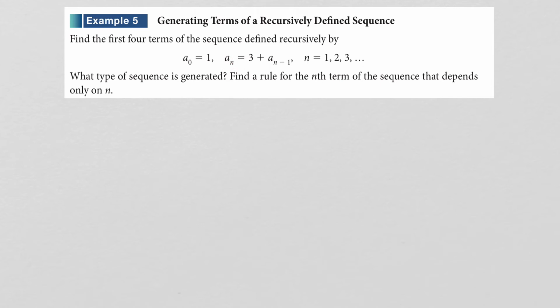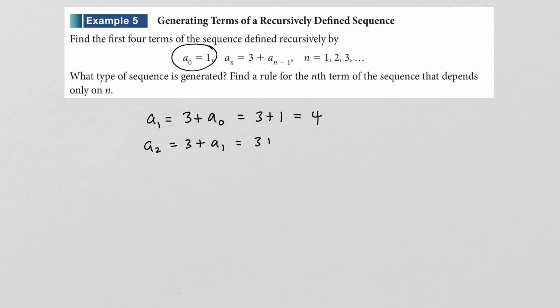Let's go ahead and take a look at the first several terms of this sequence. So to get a1, the formula says that a1 would be 3 plus a0. And that's going to be 3 plus 1 because they tell us that a0 equals 1. So that's 4. To get a2 is going to be 3 plus a1.